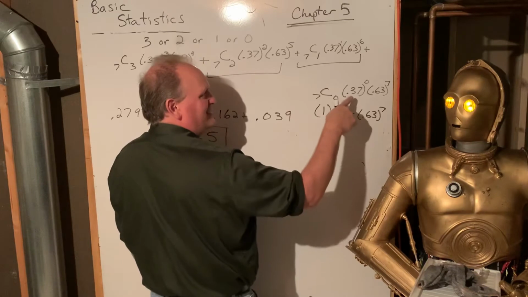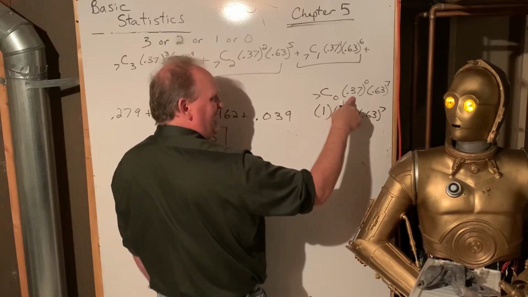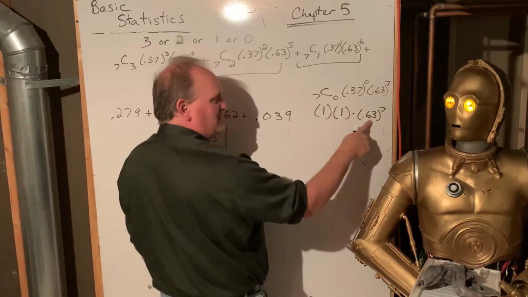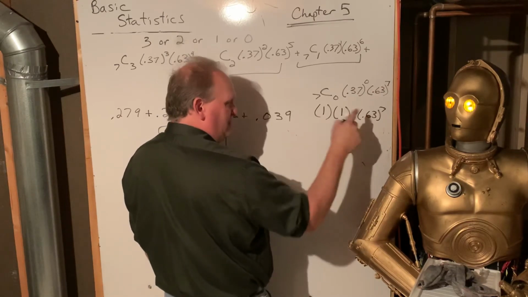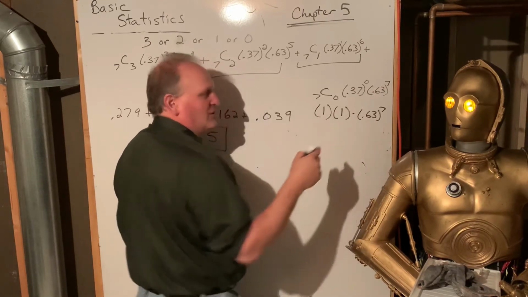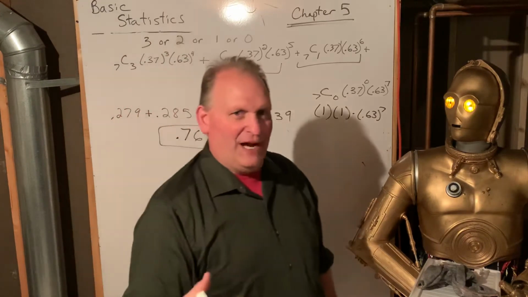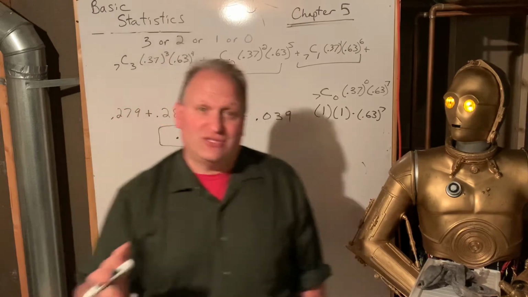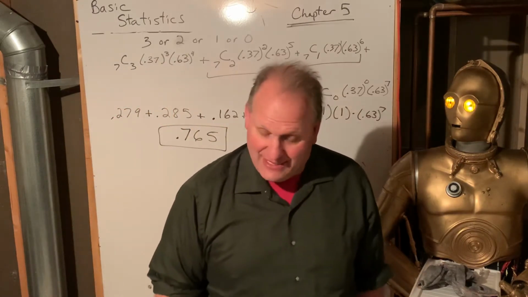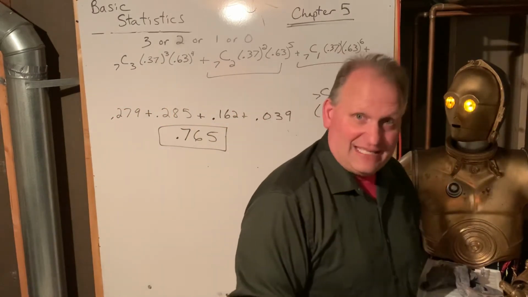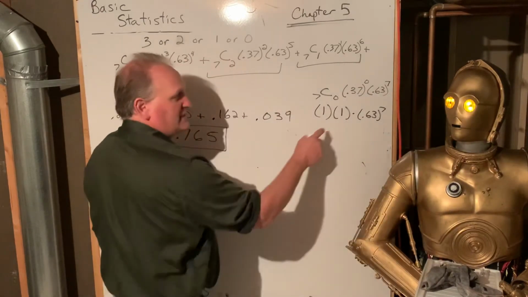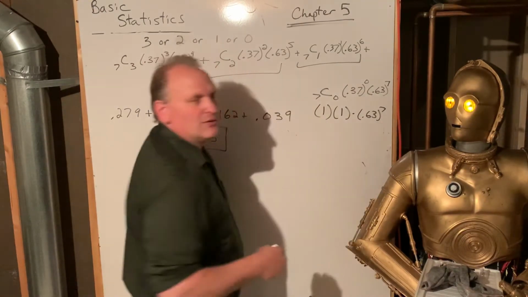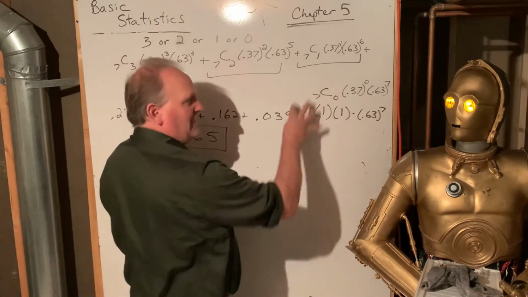This is none of your friends had an accident, and all 7 of them didn't. Well, there's a 63% chance per person that they didn't. So it's sort of an "and" problem, where your first friend hasn't had an accident, and your second friend hasn't had an accident, and your third friend hasn't had an accident. So it's 0.63 times 0.63 times 0.63, 7 times in a row. So that's actually how that one plays out.